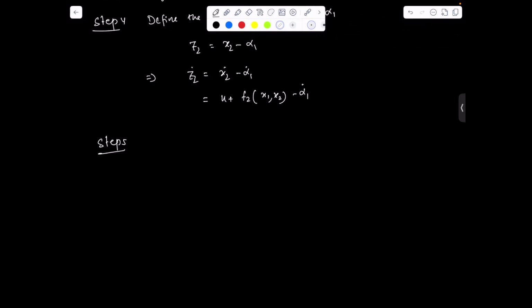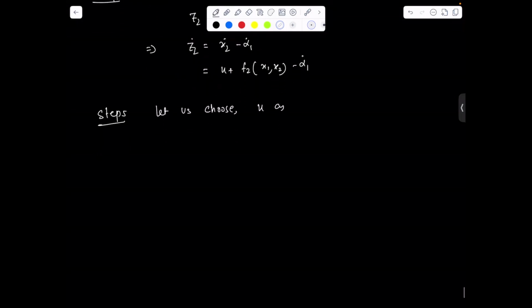So now we have to design this control U to stabilize Z2 dynamics. Let us choose U as U equal to minus K2 Z2 minus F2 x1 x2 plus alpha 1 dot.